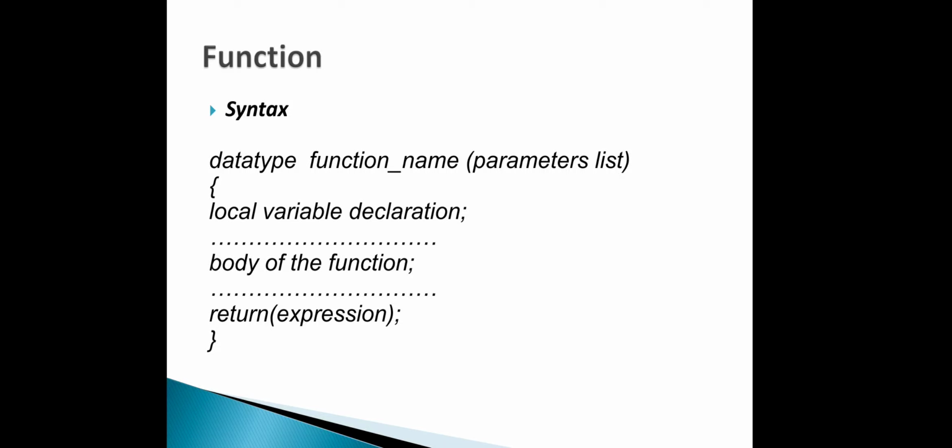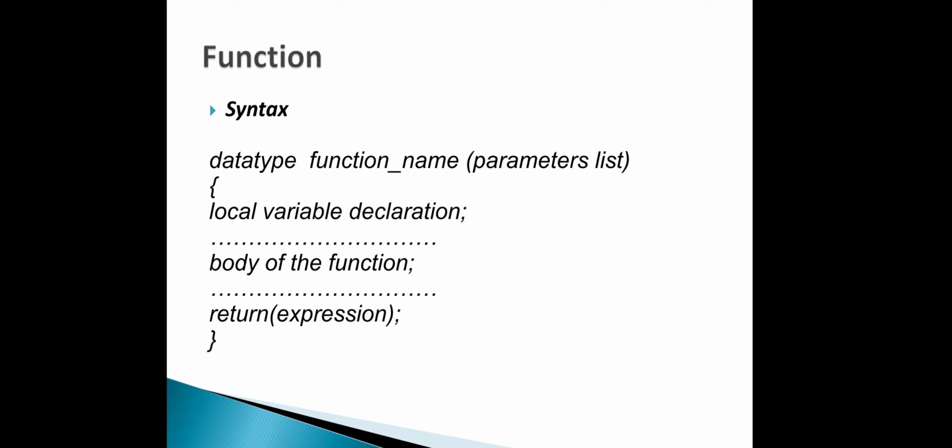With the function name, we can define the name of our function, and it should be a valid identifier. In the parameter list, we list the variables. What kind of variables we use in our function are listed in the parameter list.